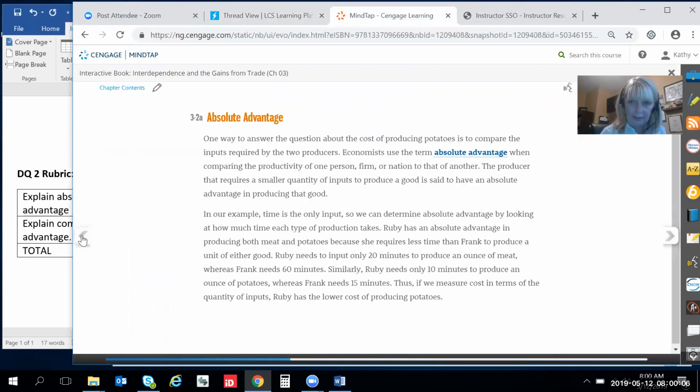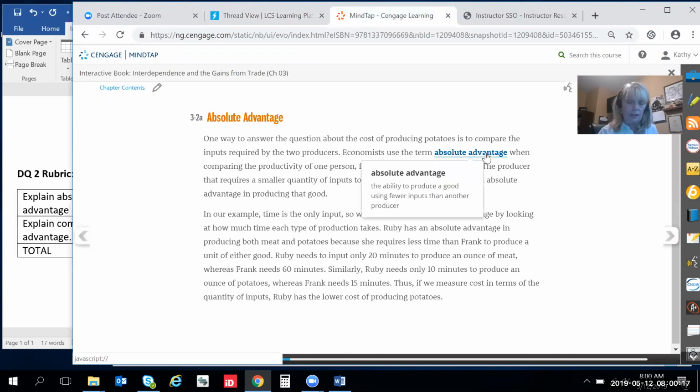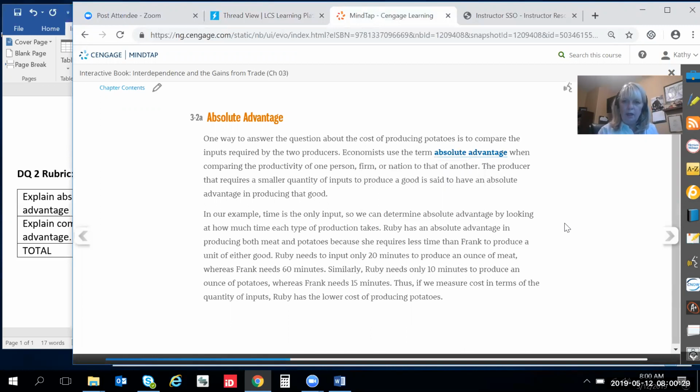3.2a, absolute advantage. You will recall from when we did this in DQ1 that as you look at this section, when you click on absolute advantage, the word in bold, it gives you the definition. And the definition is the ability to produce a good using fewer inputs than another producer. Now, once you've read that definition, that is a really good starting point. But is that the whole deal?